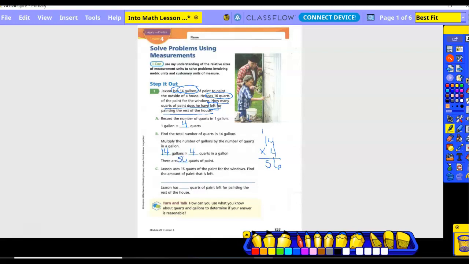So 56 quarts. So he has 56 quarts, right? And then he uses 16. So 56 minus 16. What am I left over with? 40. So Jackson has 40 quarts of paint left for painting the rest of the house.